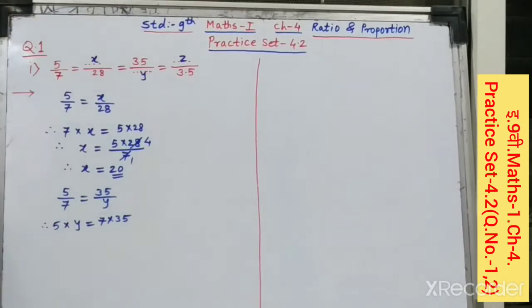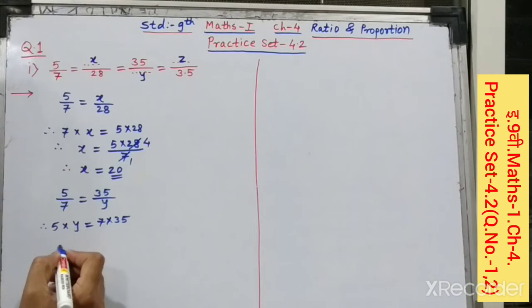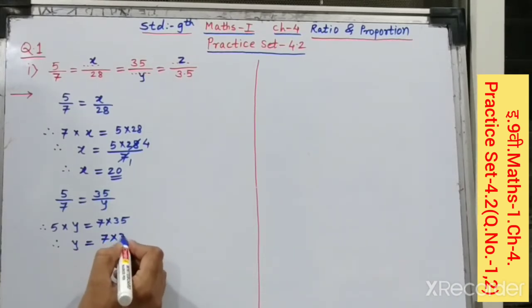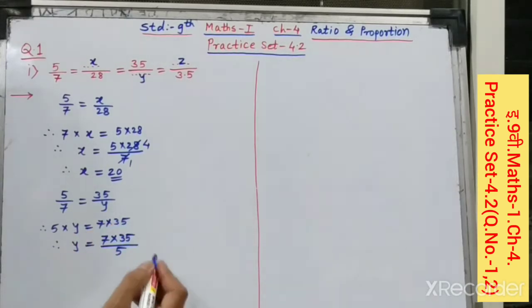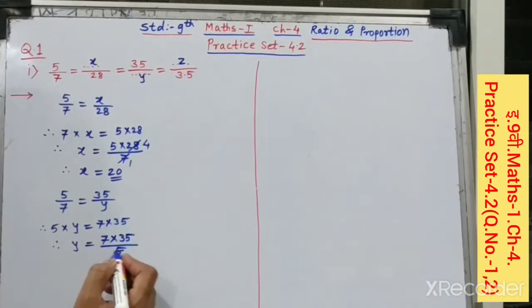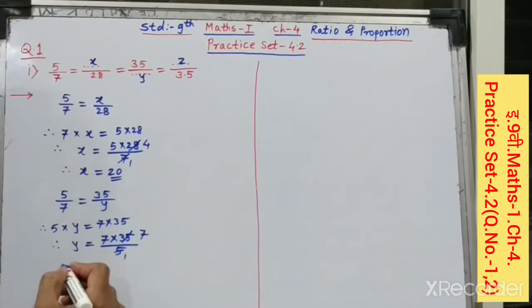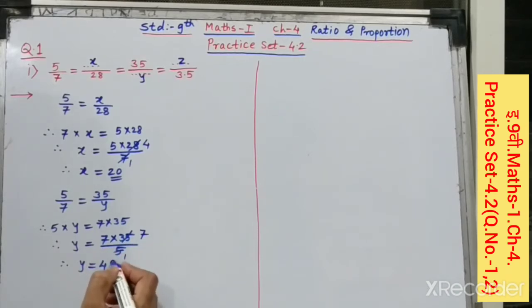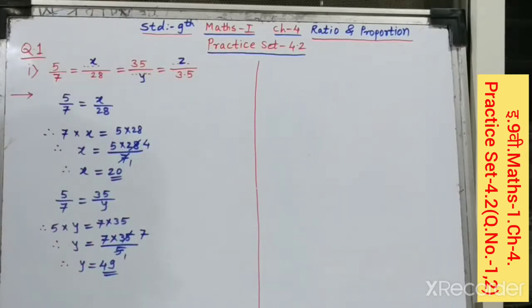Now here we can find the value of y. So y is equal to 7 into 35 upon 5. So take this 5 to the right hand side, it will be in the denominator. Now 5 ones are 5, 5 sevens are 35. So y is equal to 7 into 7 is 49. So the value of y is 49 here.